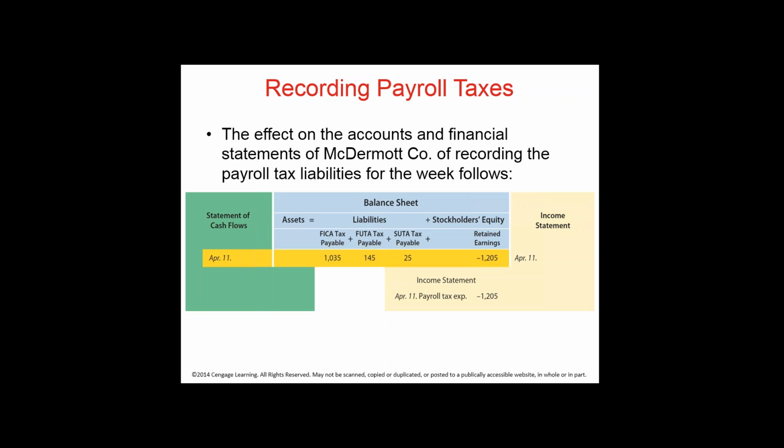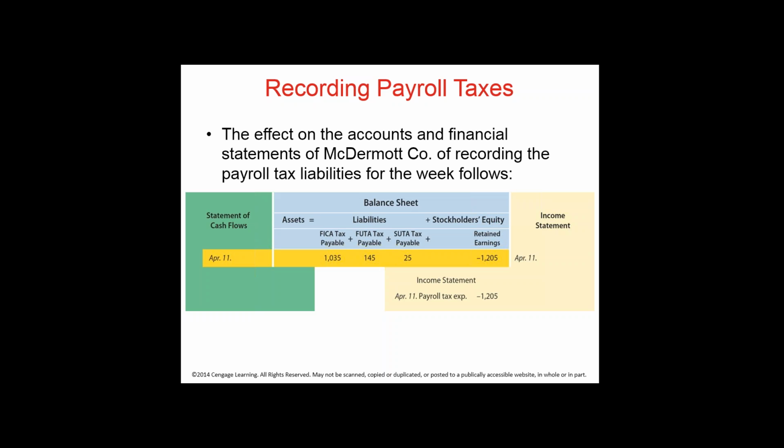So let's record the liabilities for the employer's payroll taxes that will become due because of the payroll. Now, in this case, we're going to be given the amounts. We know that there was $1,035 withheld from the employee's pay for FICA taxes, so the employer is going to match that, $1,035.